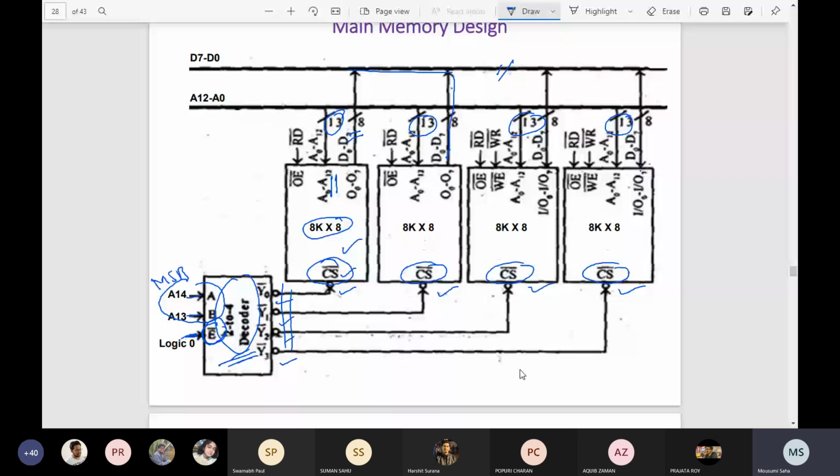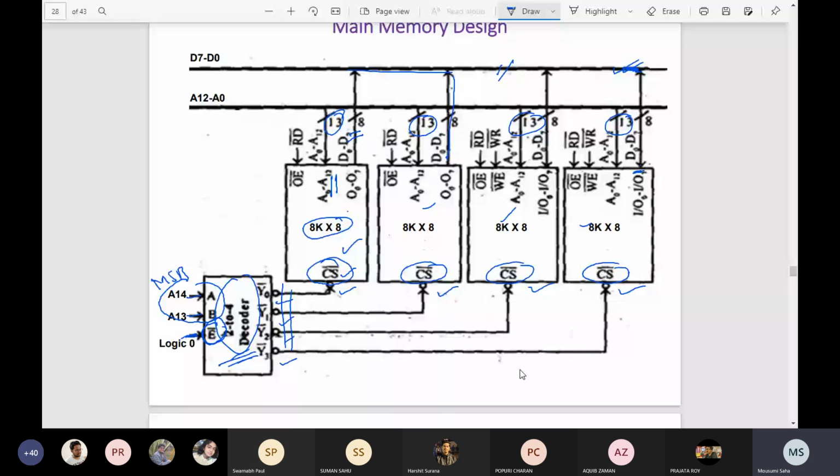These are the data lines of your memory, and this is the system data bus, which may come from a processor or from other devices. But whatever it is, this system bus is dedicated for data, and at that moment we can connect it to all the memories, because all memories have 8 data lines, so we can connect this.